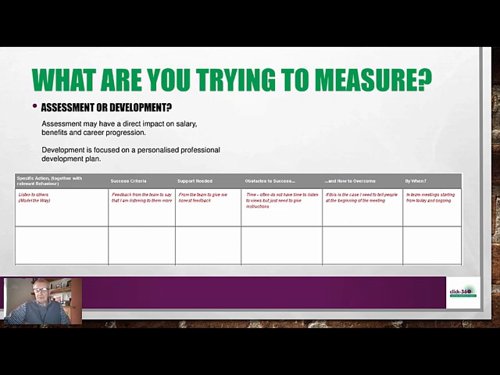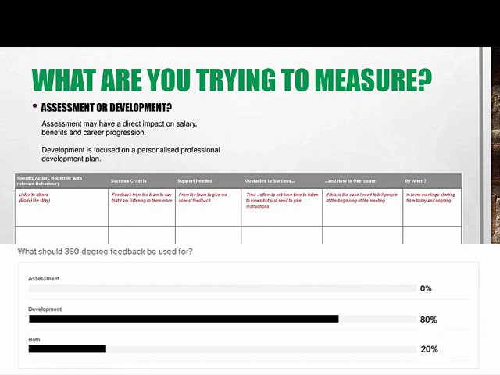Assessment, development, or both? Okay, well, it would seem that there are some favouring both, and there are more favouring development in the poll. Now, this is interesting because the development side is the most common use of 360, but you can indeed use it for assessment.